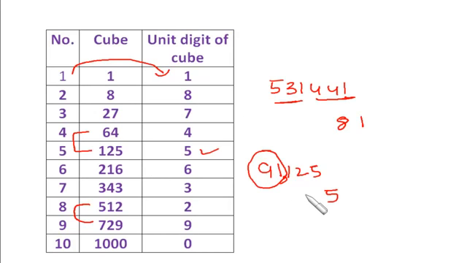So at the tens place we will get 4. So the cube root of 91125 is 45. It's very simple, friends. You just have to practice with the methods, and I'm sure that you will be calculating it so fast. Even in a minute you can find more than 20-25 cube roots.